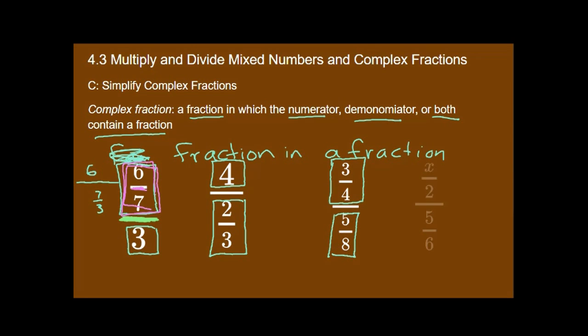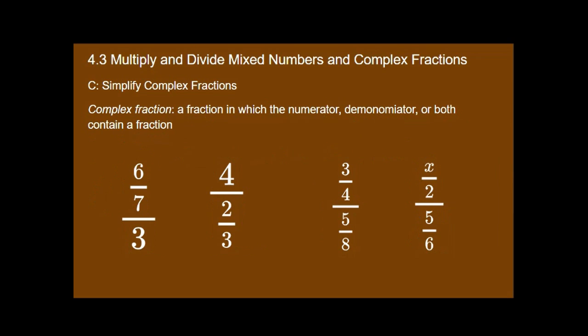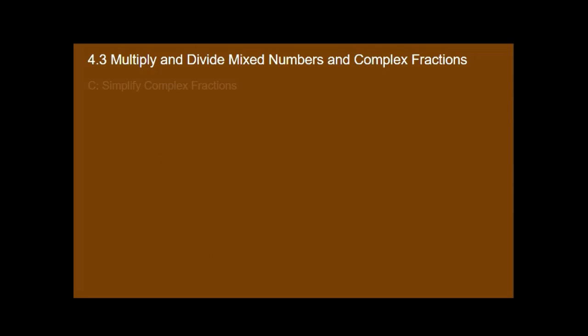And lastly, same thing, a fraction as the numerator and a fraction as the denominator, but we have a variable in there. Any of these can have variables, you can have variables in any of these forms. And so those are complex fractions, which makes sense. Complex means difficult or lots of parts. This is a fraction and a fraction, and that makes it complex. So that is what a complex fraction is.